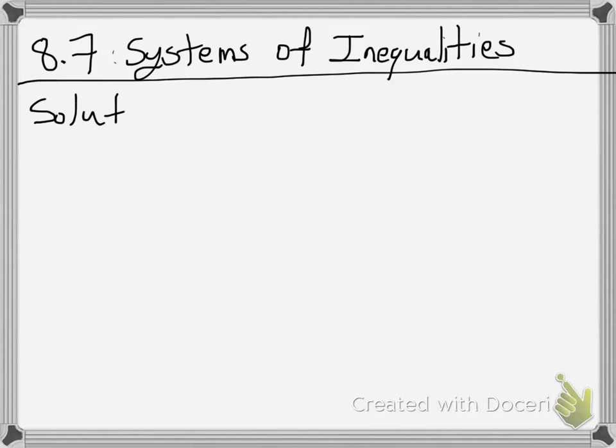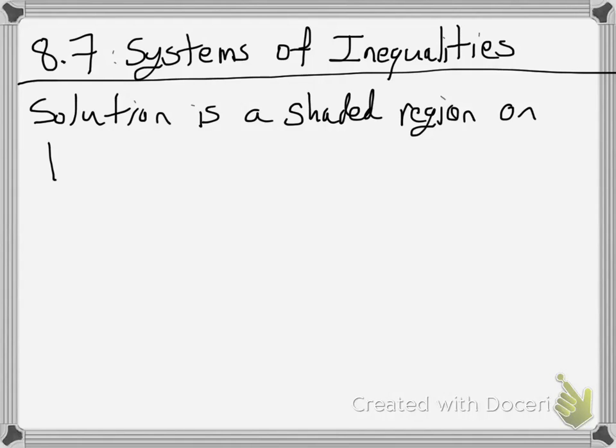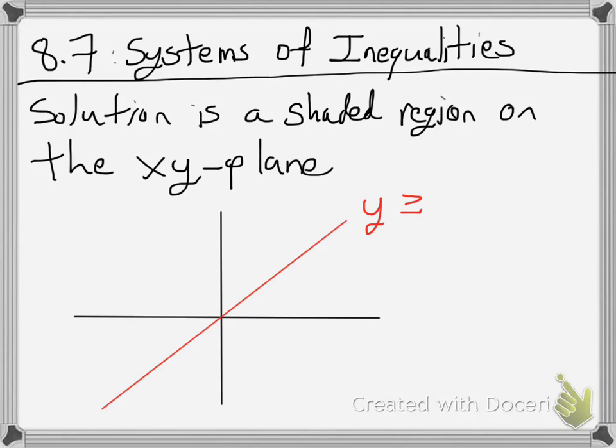So we'll start off with just one equation or one inequality, and we'll figure out how we're going to shade it. So our solution is going to be a shaded region on the xy plane, and we're going to look at the graph y is greater than or equal to x.